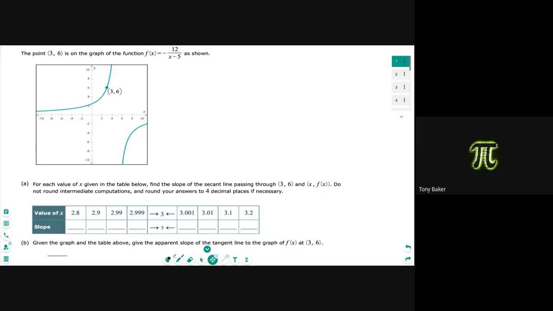So this one's a ton of calculations. One of the cool things about Desmos is it can actually allow you to do all these crazy calculations.